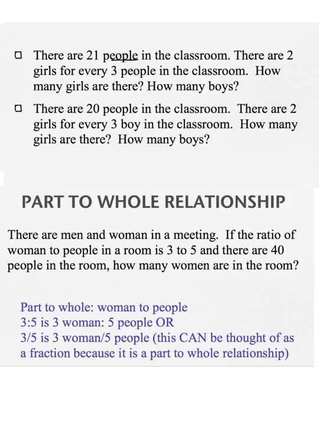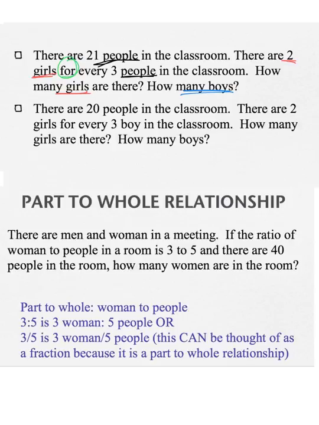So you have 21 people in the classroom. There are 2 girls, and then this keyword "for" sets up your proportion. For every 3 people, how many girls are there? And then how many boys are there? So we'll take a look at this a little bit further down the road as well.